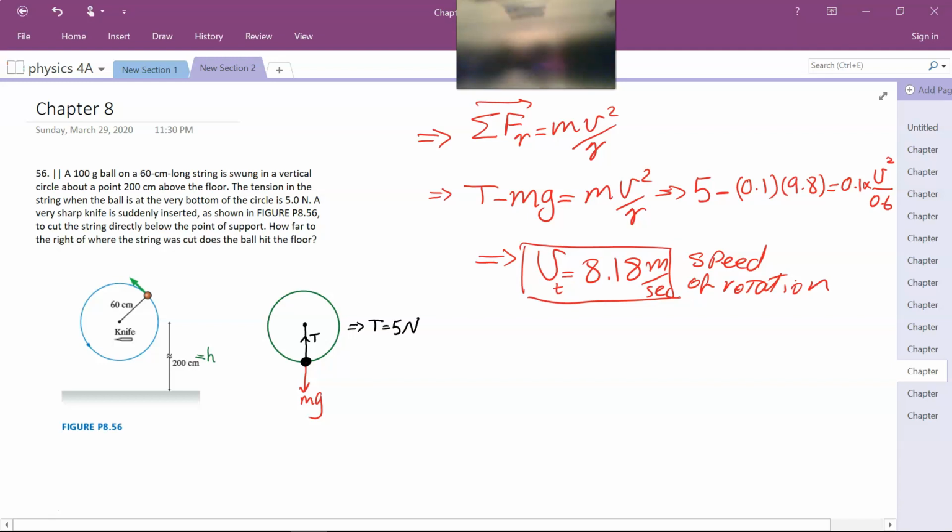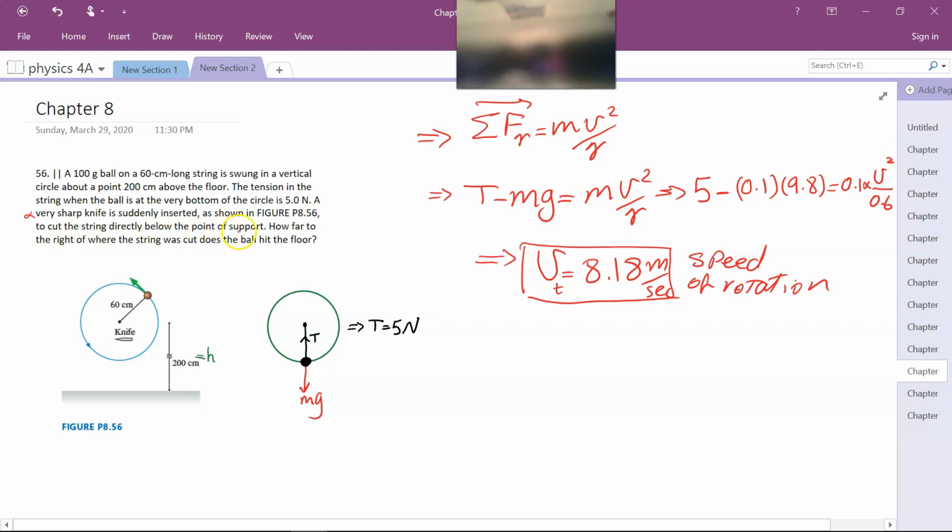Now read the question, see what it says here. It says, very sharp knife is suddenly inserted as shown in this figure to cut the string directly below the point of support. Okay. So what it says, very sharp knife is suddenly inserted to cut the string directly where?